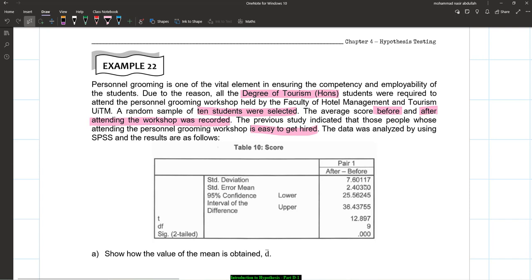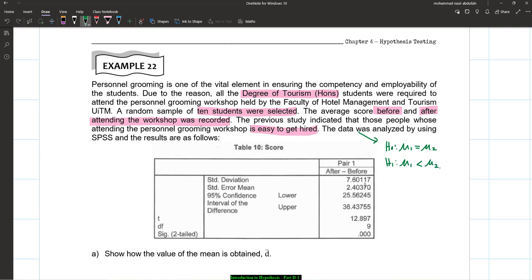So in this situation, we know that the claim is that when people attend the workshop, it is easy for them to get hired. So null hypothesis mu1 is equal to mu2, before and after. Alternative hypothesis mu1 is less than mu2, right?